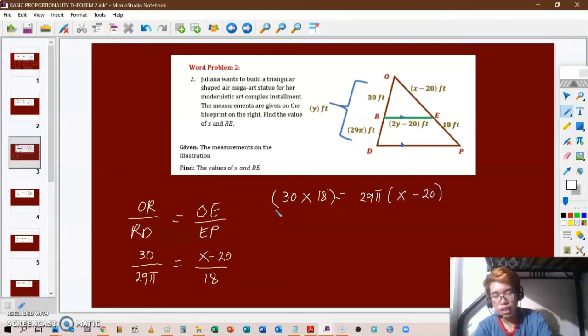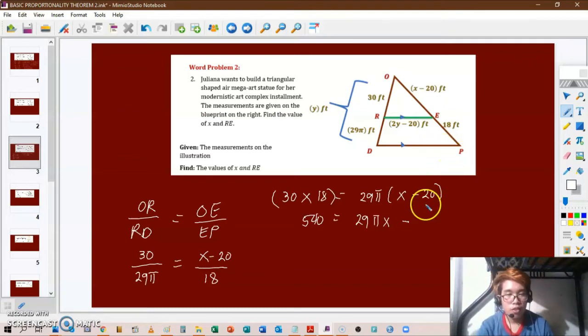What's 30 times 18? That's 540. So 540 is equal to 29 pi x minus 29 pi times 20, which gives minus 580 pi.